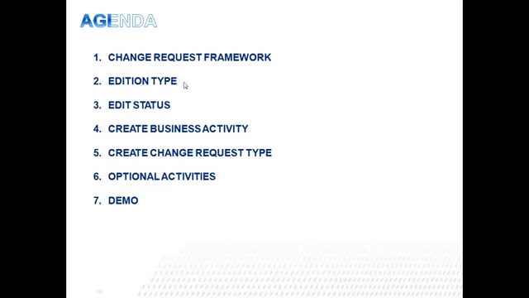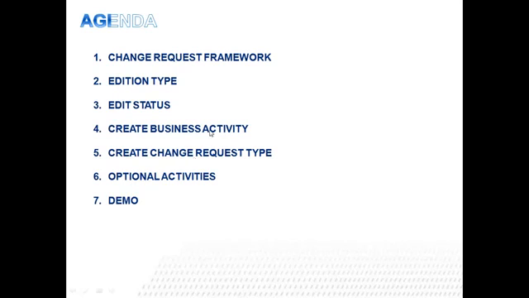In the process modeling, first we go through the change request framework. Second, I already explained what is addition type, and we will just see what it is, how we create it, and where we create it. Then edit statuses of the change request, what is a business activity, and creating a change request type.